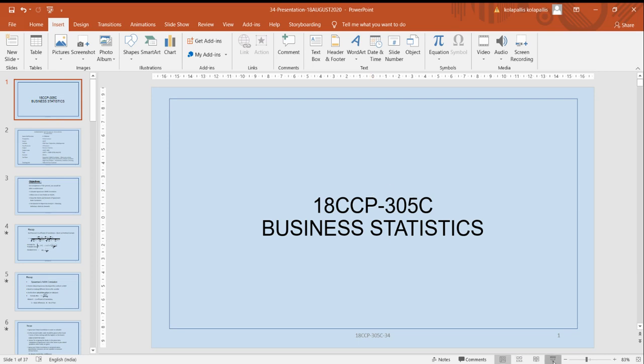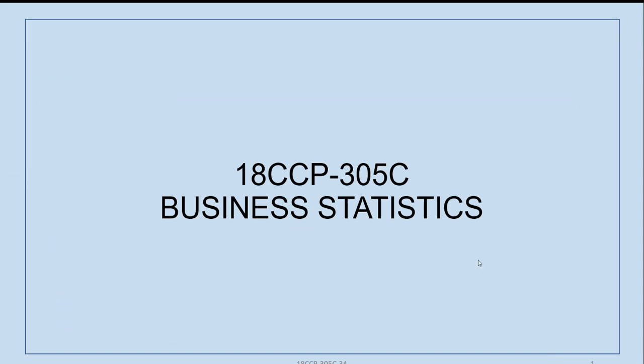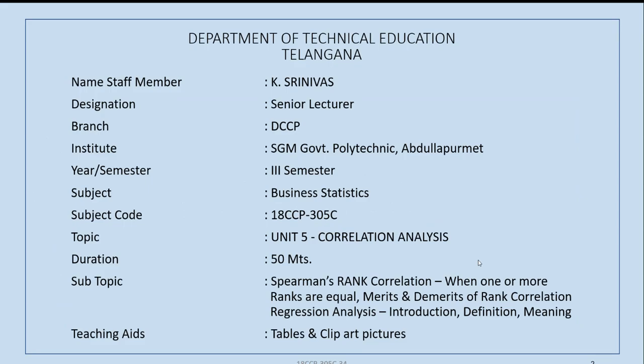So first we will start with the correlation when repeated ranks are there, and then we will go to regression analysis. And after completing the repeated ranks, we will also see some merits and demerits of rank correlation in comparison to the Karl Pearson's coefficient of correlation, and also in some other conceptual aspects.